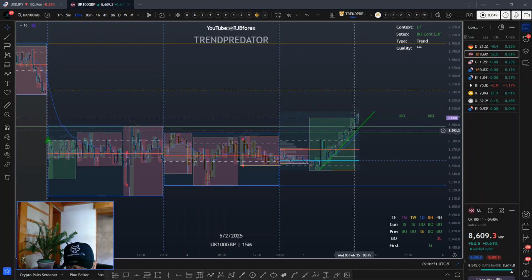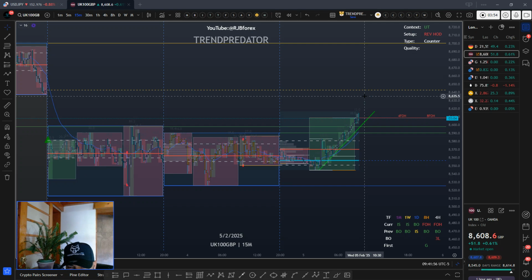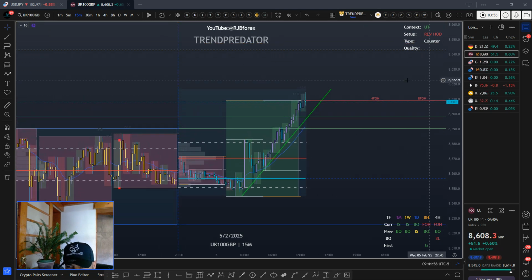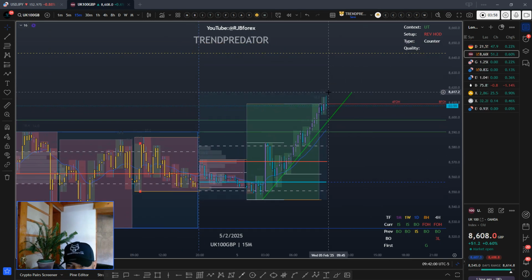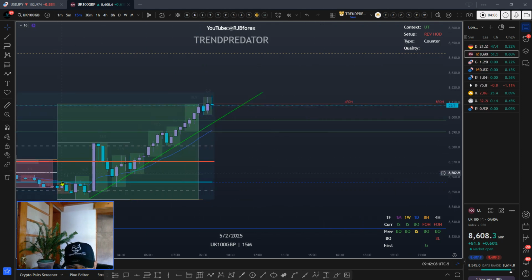That is what we are seeing on the chart, and that's what we assume will happen. However, we trade what we see on the chart. What are we seeing? We are seeing the price break out of the London session highs. There it is. That's the breakout.